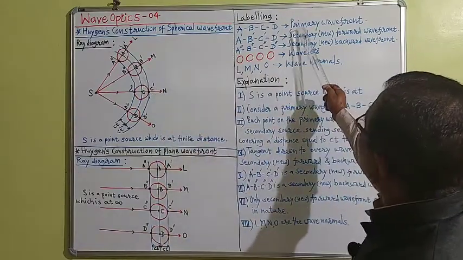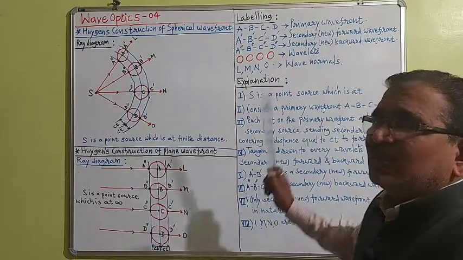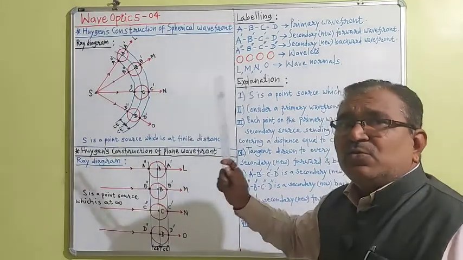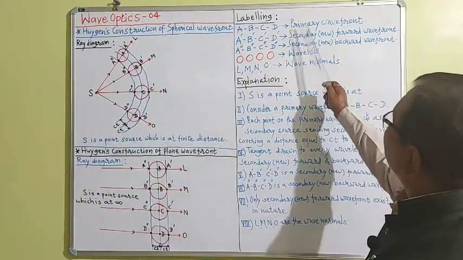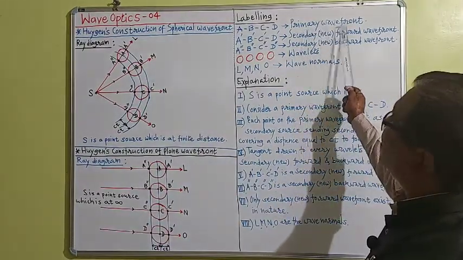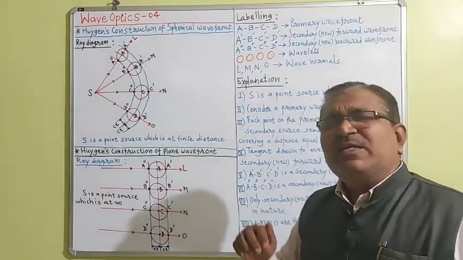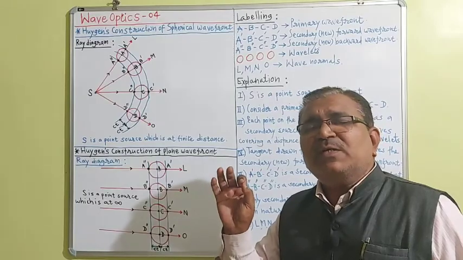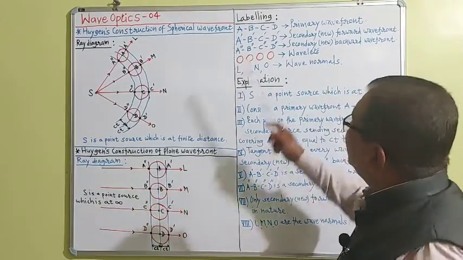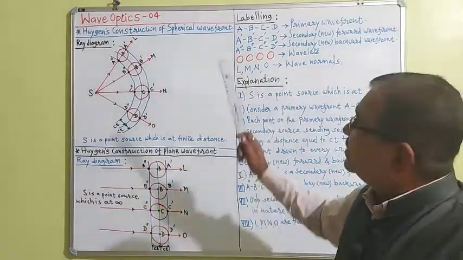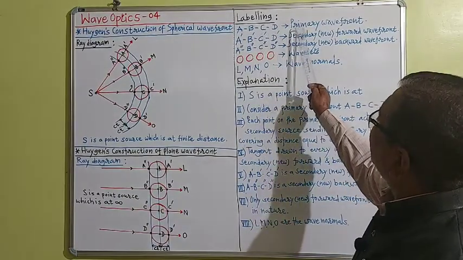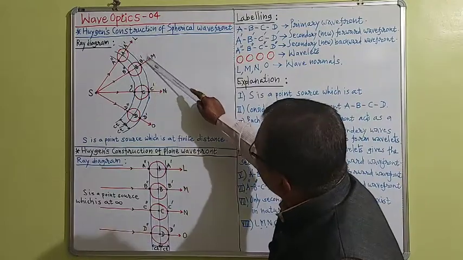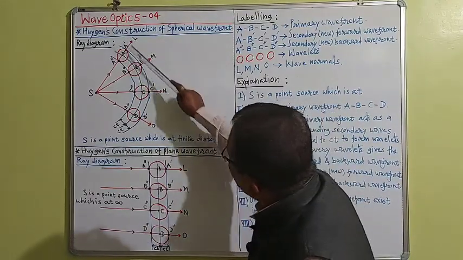So I have written here primary wavefront. But for learning the spherical wavefront, you should write it like this: primary spherical wavefront. Actually, it may be written or not written using the word spherical. If you have written like this, then it is also okay. A, B, C, D, right here, primary spherical wavefront.